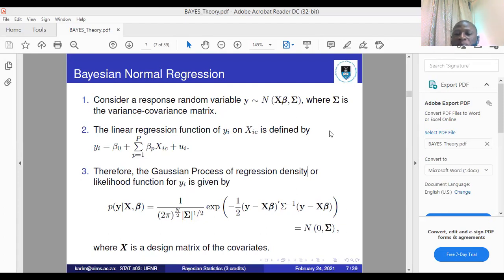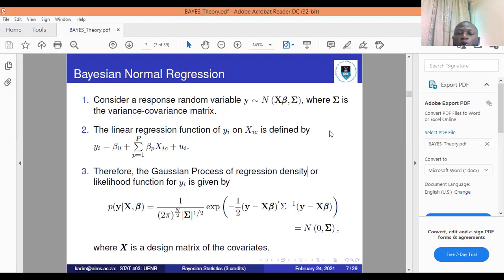That is the conjugate prior. And we also considered a single parameter situation for the binomial random variable, and that we assume the beta distribution for the parameters.